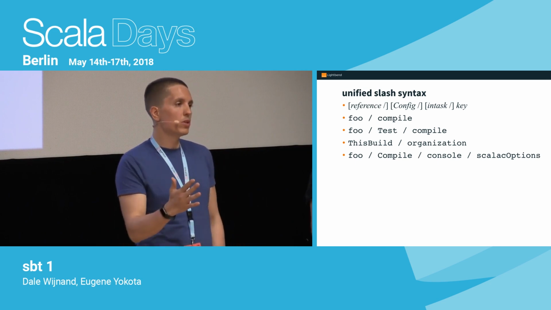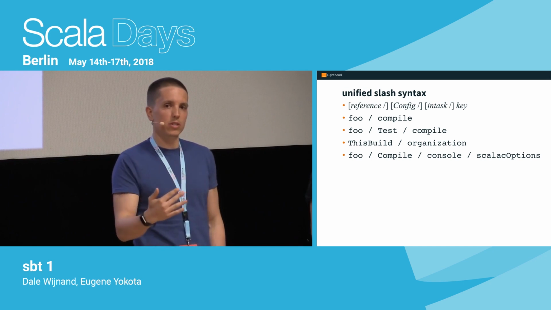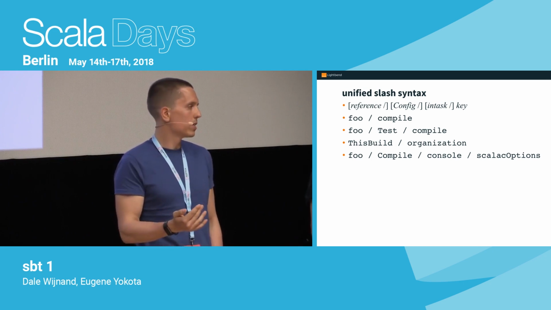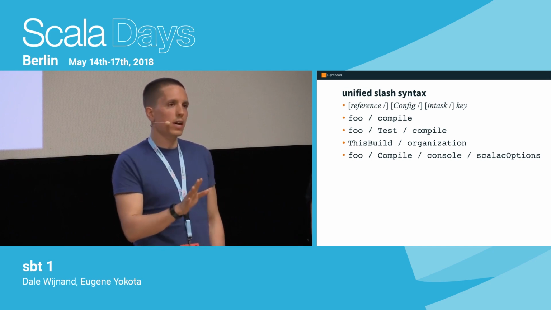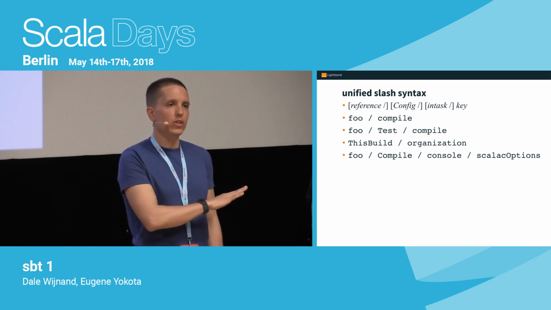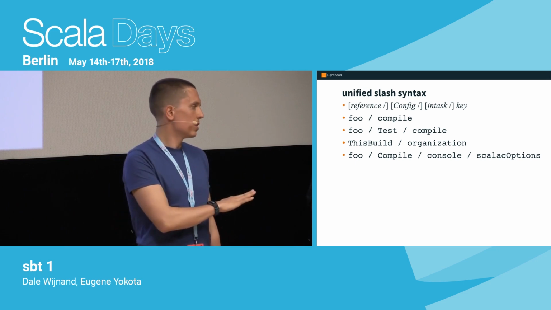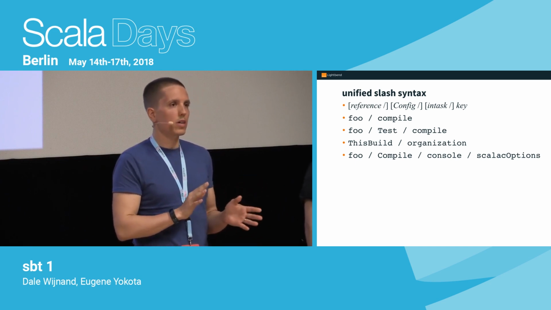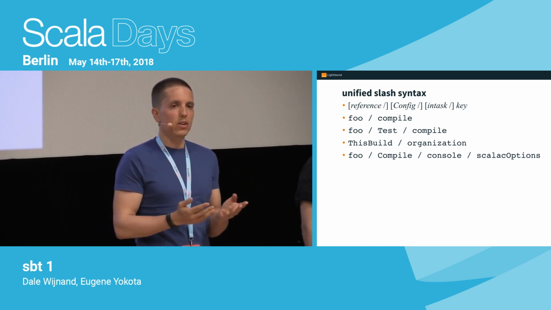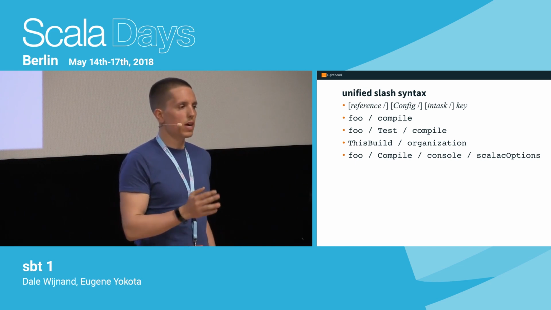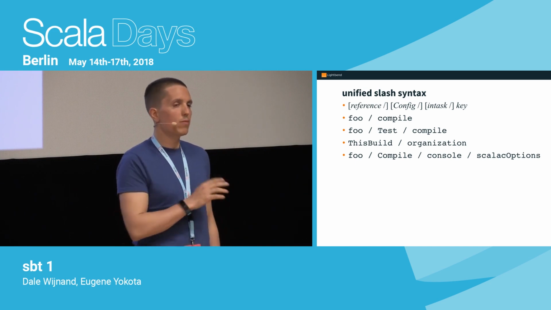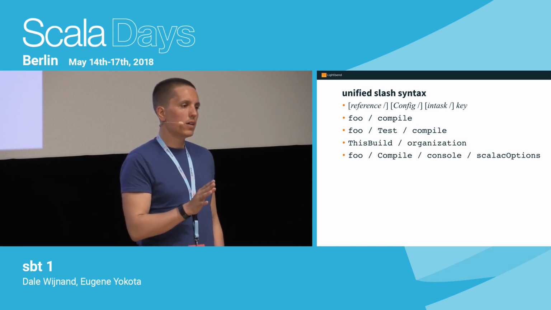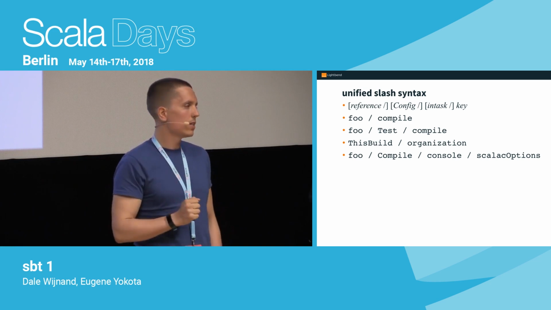We transitioned most things, and a lot of the plugins transitioned as well to using camel case. But the rest of the syntax had the original shell syntax, and so this difference was jarring. It was an unnecessary learning curve for SBT to have two versions, and there were reasons why each had developed in the direction they had.